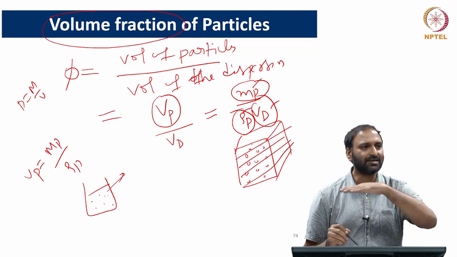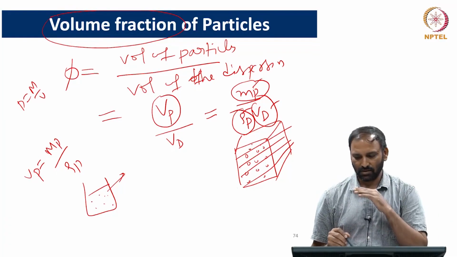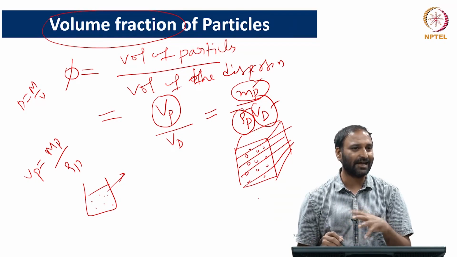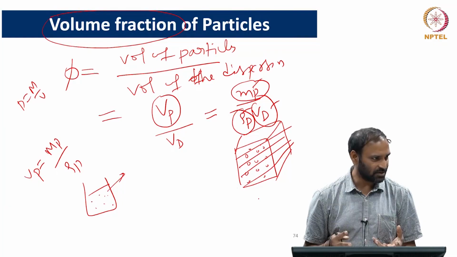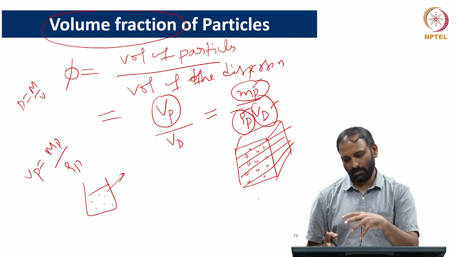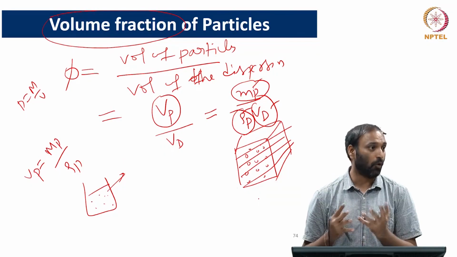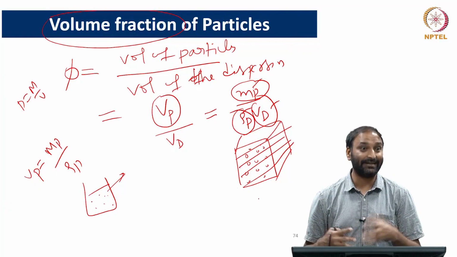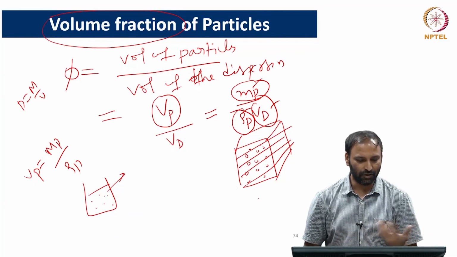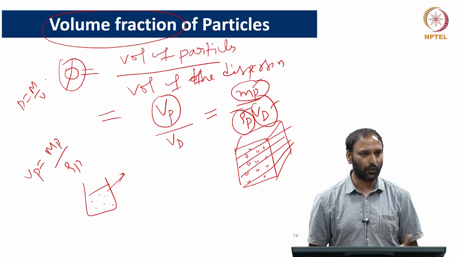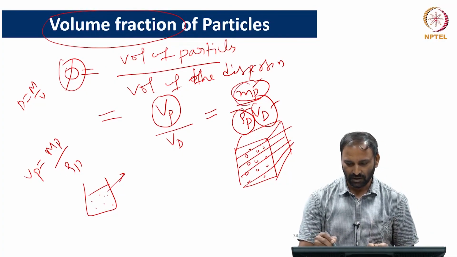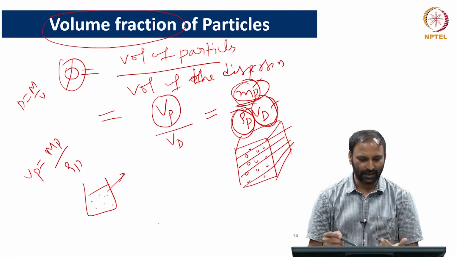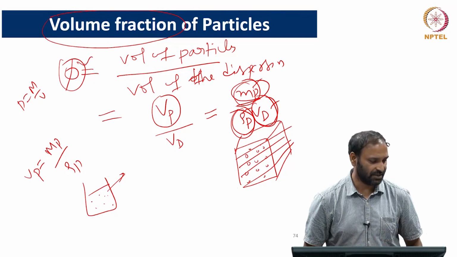That means, I take a slice, and for every slice I can actually get the area fraction that the particle occupies, okay. And I can basically put them together and I can construct a 3D volume. Okay. There are techniques like that where you can do a 3D imaging of the entire dispersion, and from that you can calculate the volume fraction. But this is one of the simplest ways of doing it. All that it requires is measurement of the mass of the particle and the density of the particle, and if you know the volume of the dispersion that you are dealing with, I can get phi directly from these data. Okay.